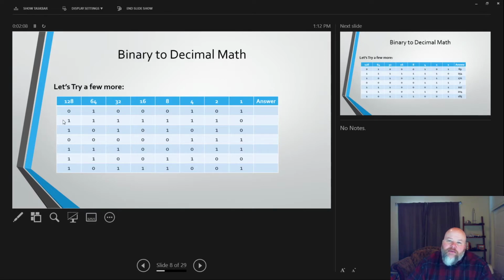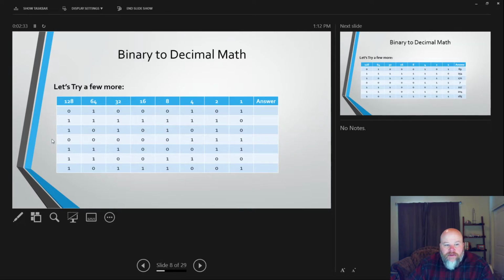And we established earlier in this video that if all the bits are on, we get a total value of 255. So if we're only taking 1 away from it, then this one's going to be 254. In this one, we can see 128 plus 32, that's 160. Plus 8, 168, plus 2 gives us a total of 170.